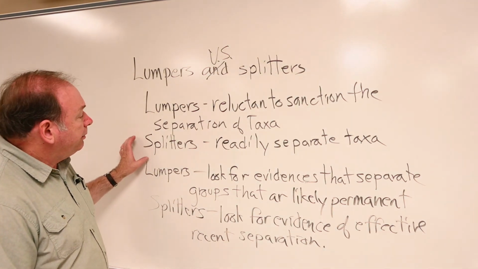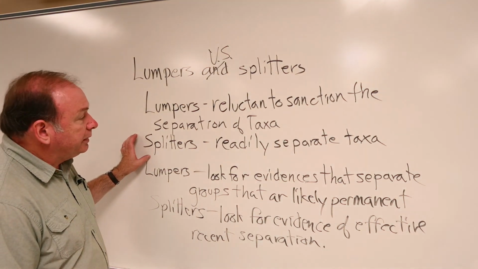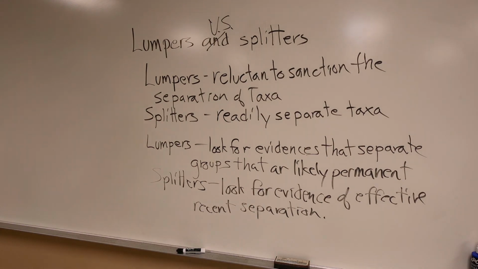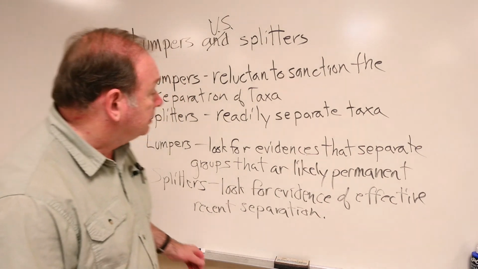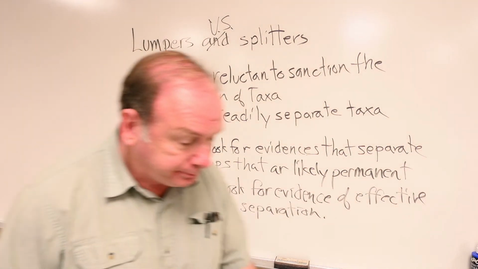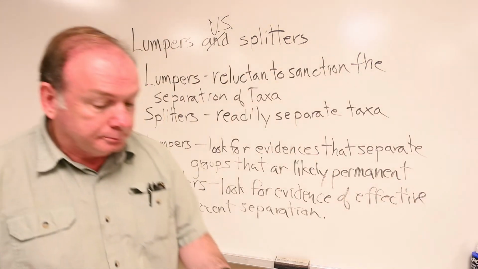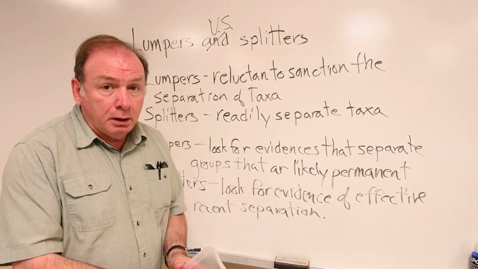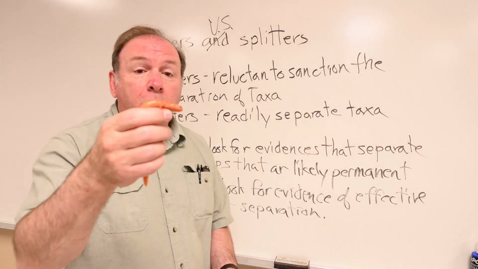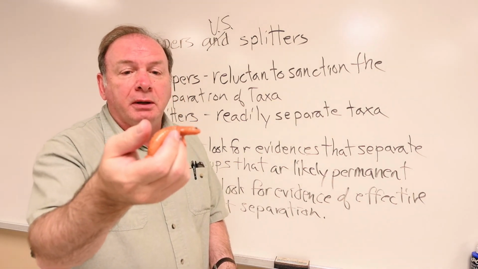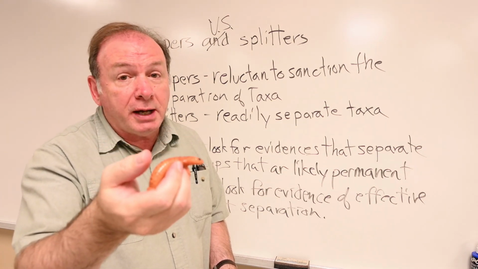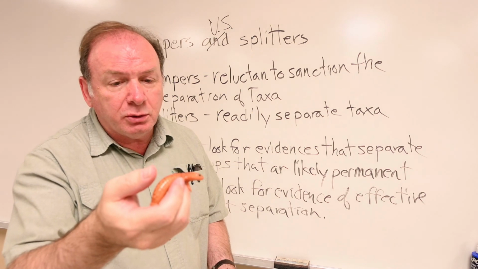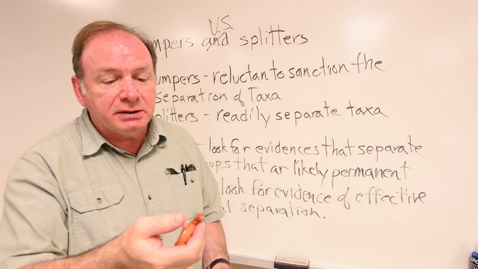Thinking of other examples here, what would be considered a splitter? Okay, now I have an example of splitting, lumpers and splitters. This is one of our local salamanders called a mud salamander. This specific species is called Pseudotriton montanus, that's the genus species name.